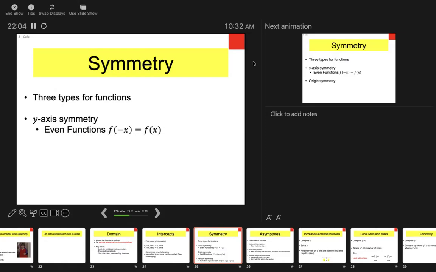You plug in negative x, you simplify, you get back to the same function you started with. That means you have y-axis symmetry. We also called it for even functions. We're more interested in the fact that it is y-axis symmetry. We throw those words even and odd because remember when we get to the trig functions, right? Sine, cosine, tangent, odd, even, odd.